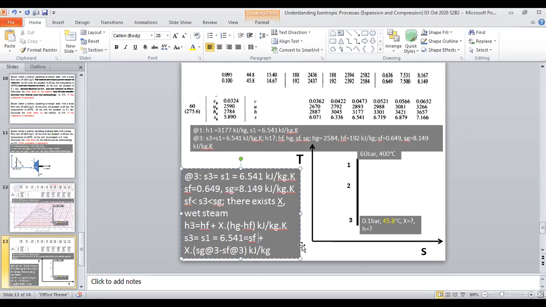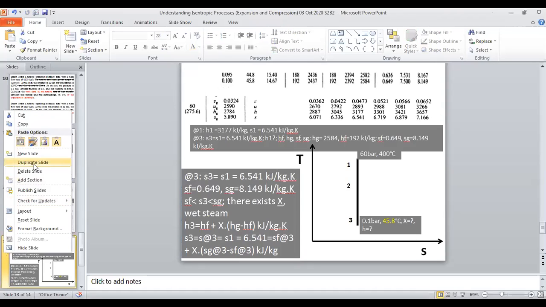So S3 is the entropy at state 3, which is equal to S1. Now you can get the solution because Sf at 3, you know this.